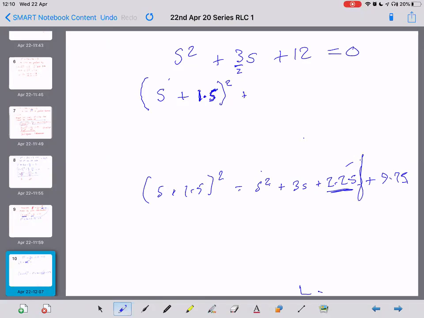So that bit is this multiplied out, but to get this constant back to 12, we've got to add 9.75.